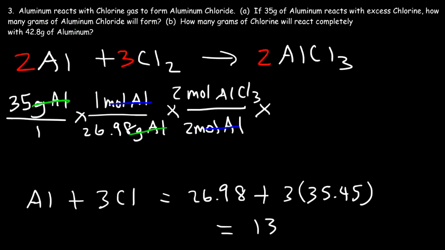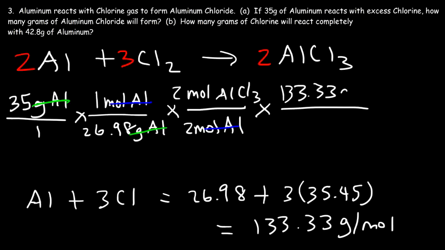So this is equal to 133.33 grams per mole. So 133.33 grams of AlCl3 is equivalent to 1 mole of AlCl3.